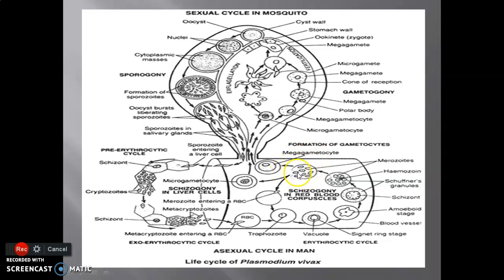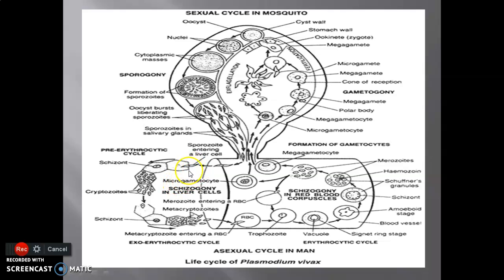Due to different shape of these gametocytes, that is smaller and larger, they are named megagametocytes due to larger shape, and microgametocyte due to smaller shape. See, this is a complete asexual development which can be seen in human being.